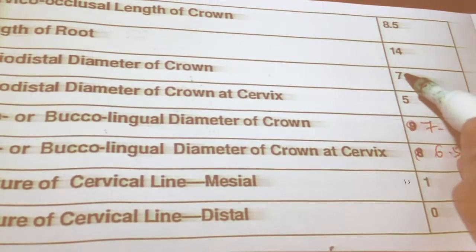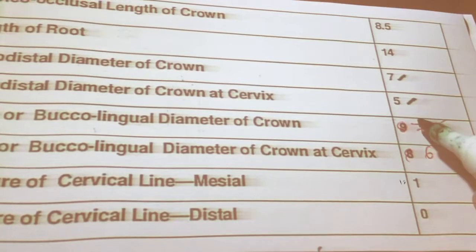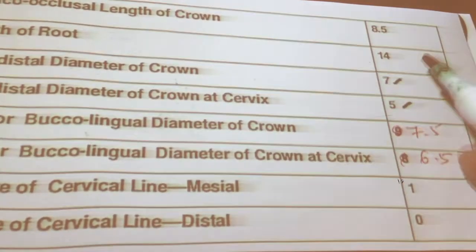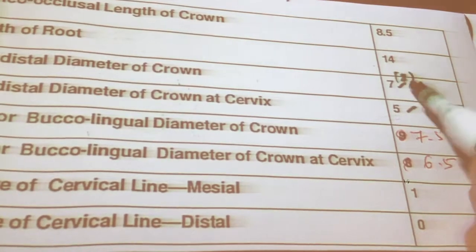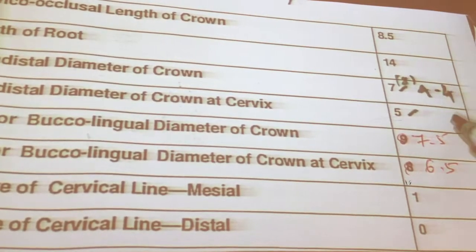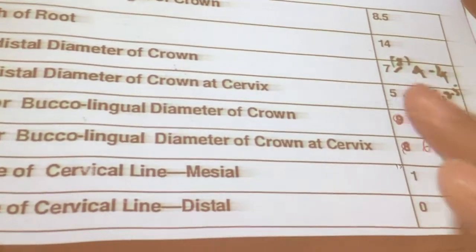Okay, and mesiodistal diameter of crown at cervix is 5 mm. That is 2.5, 2.5. Here, I can take 4. Okay, if I make an 8, 4 to 4, it is 2.5 to 2.5. Okay, this is the measurement. So 2.5, I will mark the initial one, this one 2.5 here.